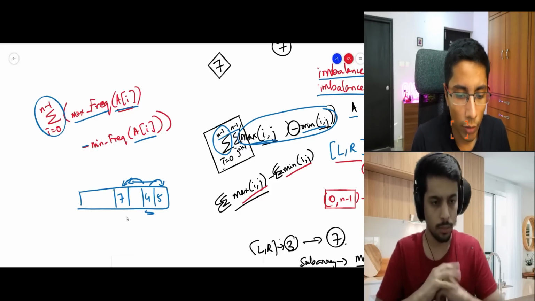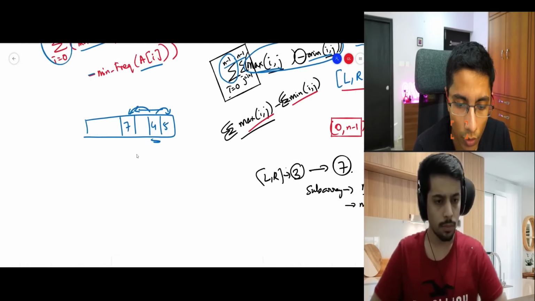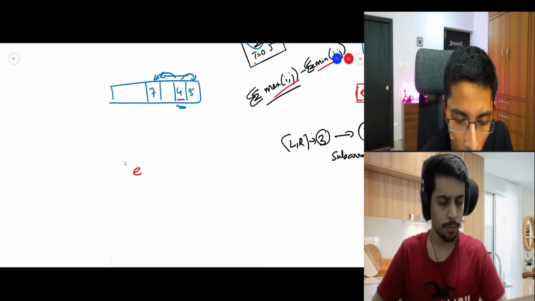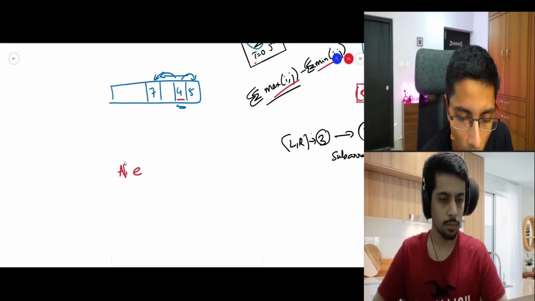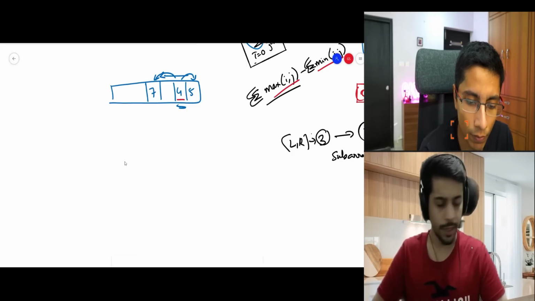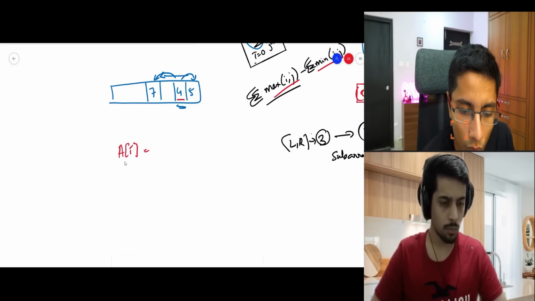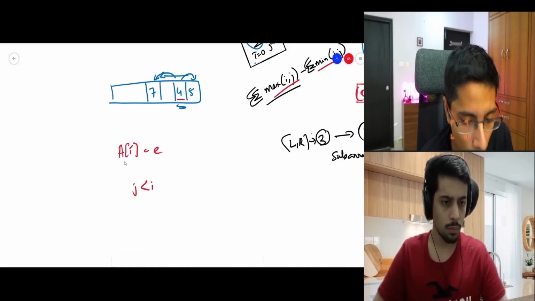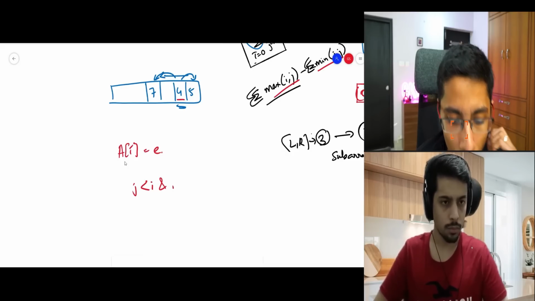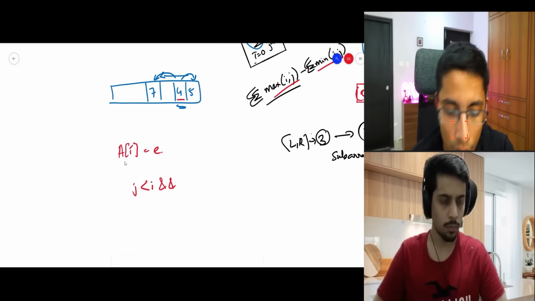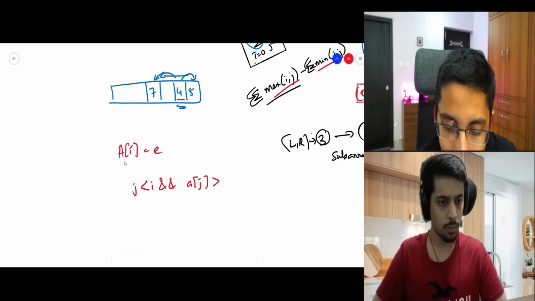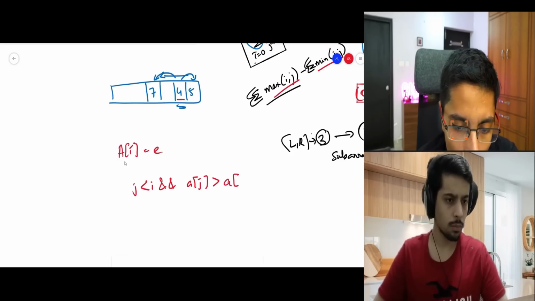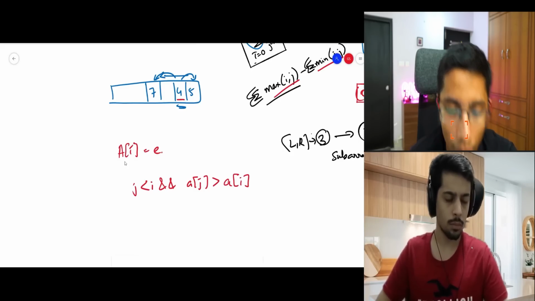Okay, so if you take a general element E, so A of i is equal to E. I need to find the index j, which is less than i, and because I'm searching for max, A of j is greater than A of i.